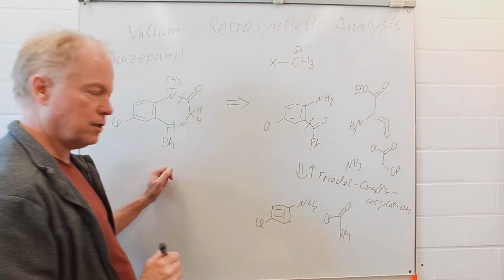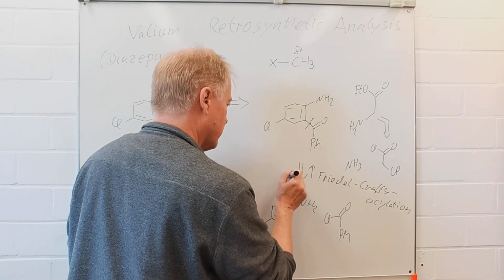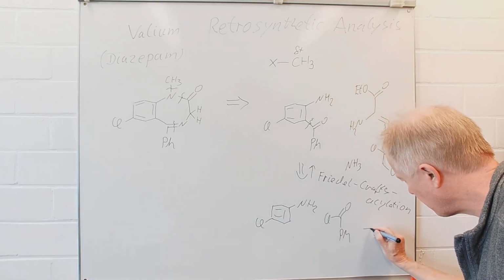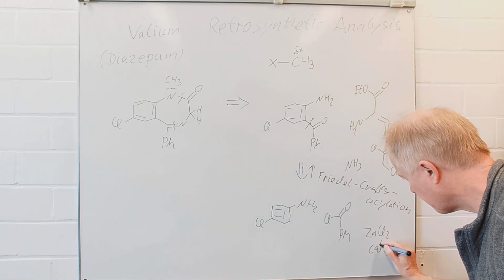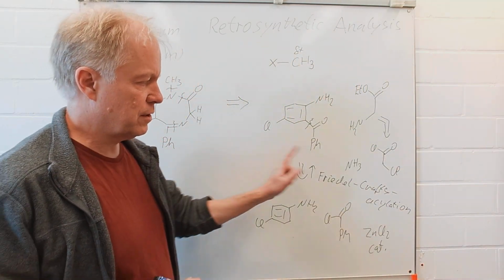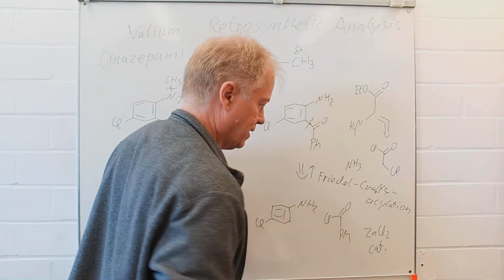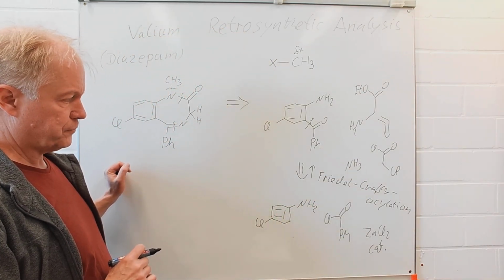And we need a catalyst, and a good catalyst in this case would be zinc chloride, while in Friedel-Crafts acylation you have generally had the catalyst in equimolar amounts.